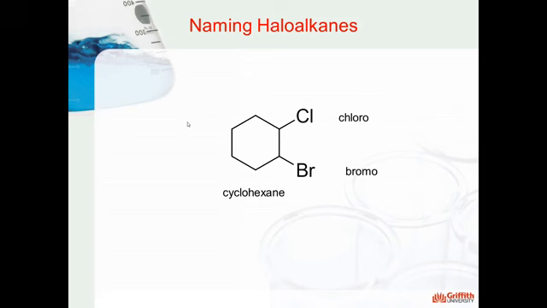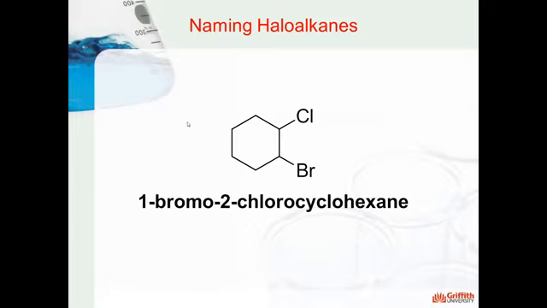These are equal in terms of their priority, so they will just get arranged alphabetically. So it'll be 1-bromo, 2-chloro. B for bromo comes before C for chloro, so the bromo comes first, and we're going to number it from 1, 2 that way. Any other way of numbering it would not give us the lowest numbers.